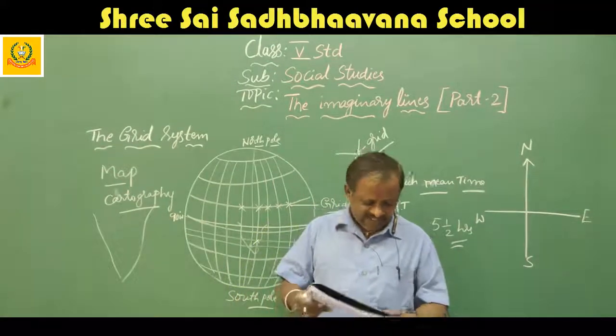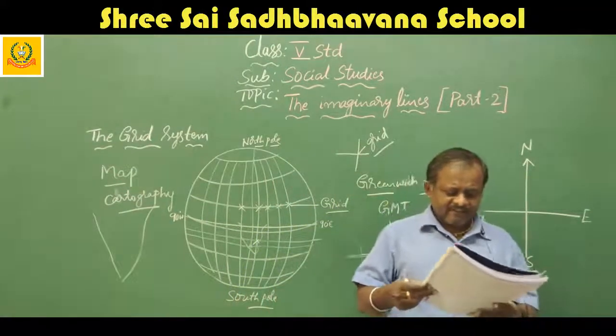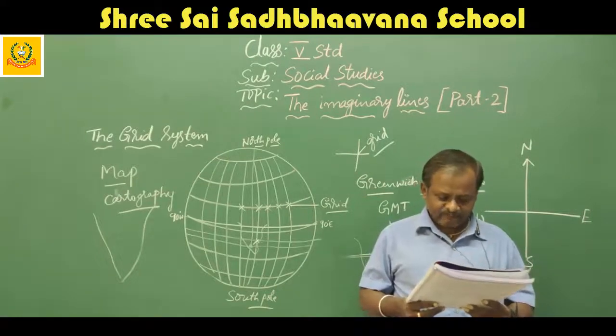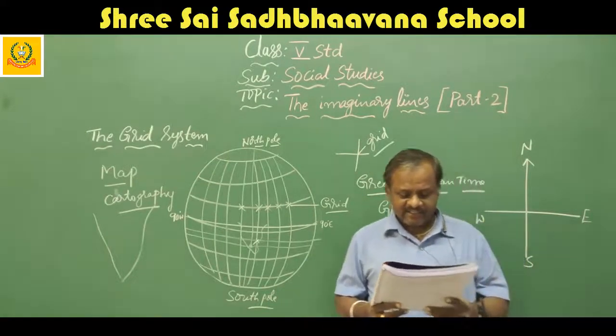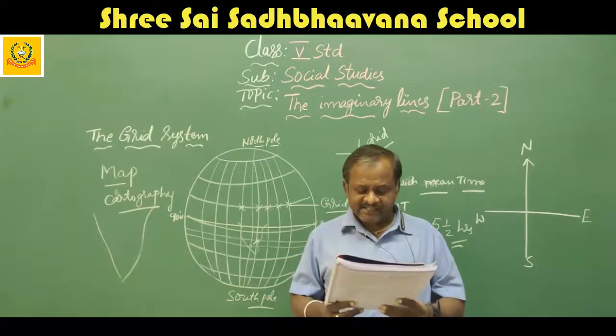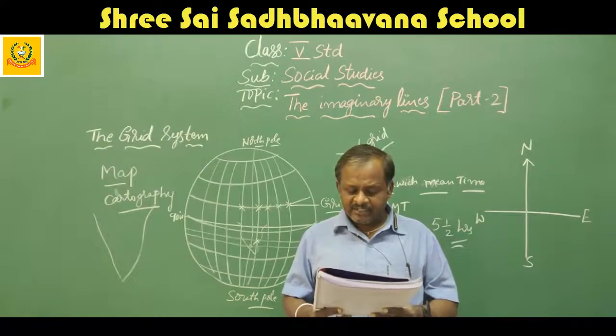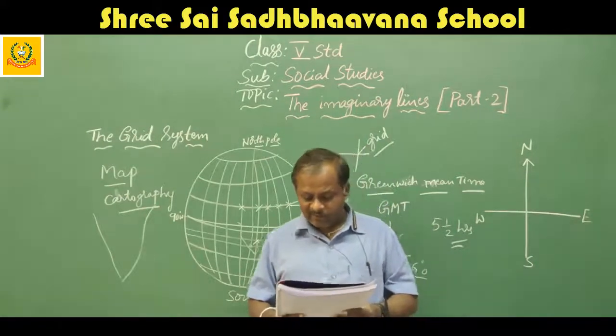Next, directions. The first thing we should understand when we look at a map is the direction. In every map, the north direction is shown with the help of an arrow pointing upwards.